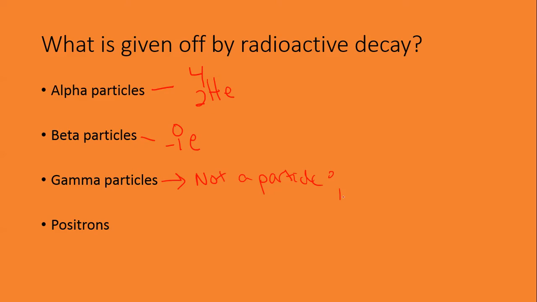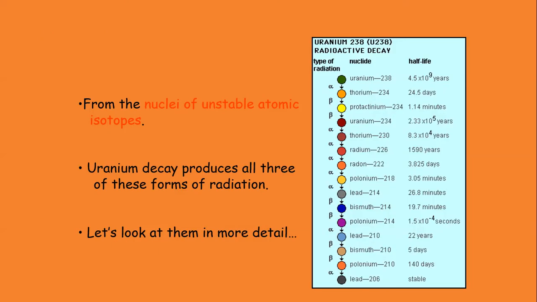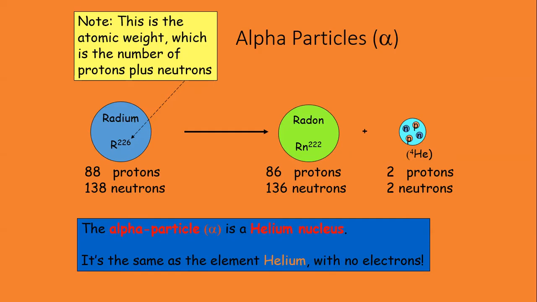It's just a high wave of energy. And then a positron, which is really just a positive particle. So what we're going to see as we look through these different types of radioactive decay is how these different particles are released. So let's just start with alpha particles.